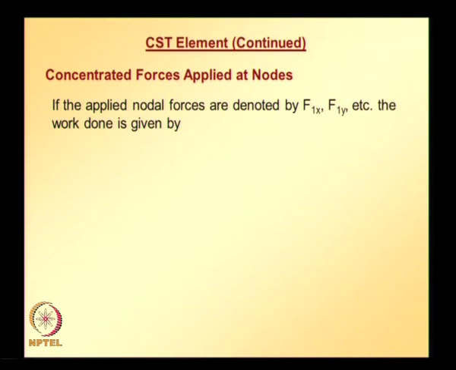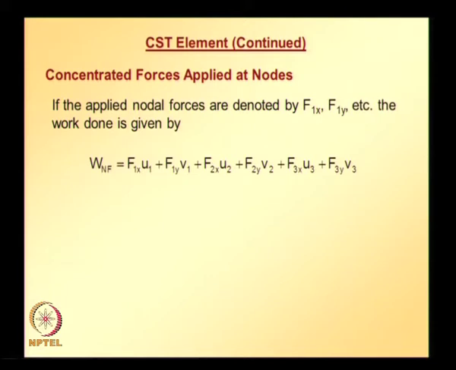So, now this is about strain energy, and now we need to look at work done by the applied forces. Concentrated forces applied at nodes are very simple. If applied nodal forces are denoted by F1x, F1y, etc., that is the nodal force applied at node 1 in the x direction and the nodal force applied at node 1 in the y direction, then the work done is given simply by the product of the force at that particular node in the corresponding direction and the displacement, summed up.